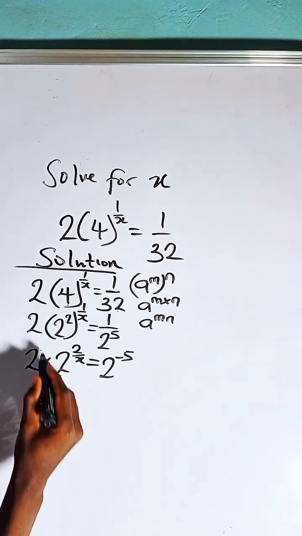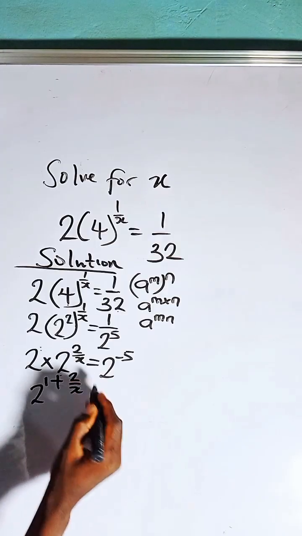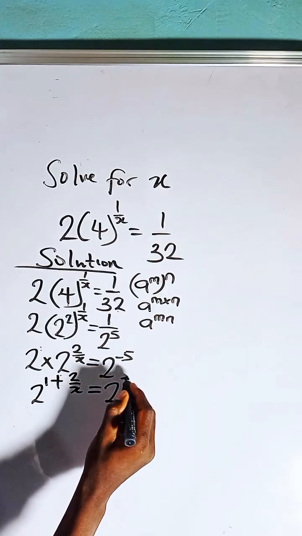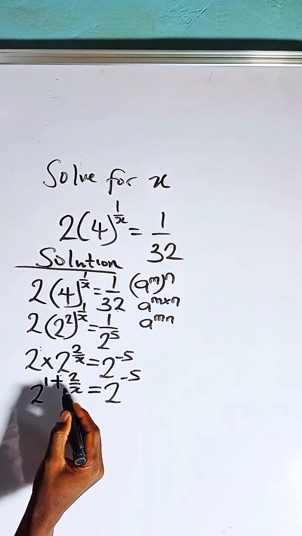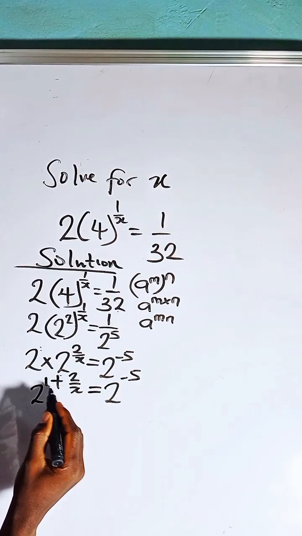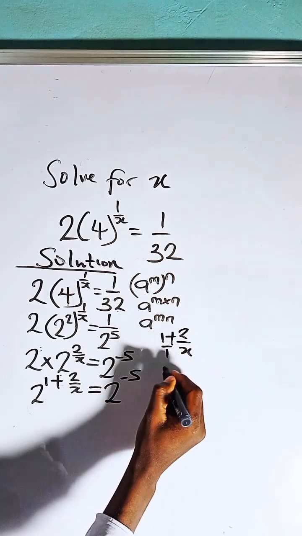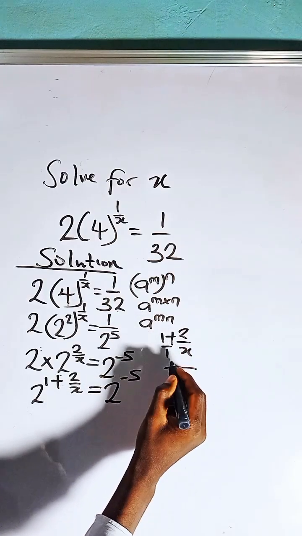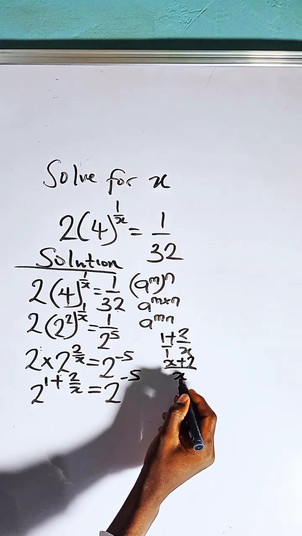So we have 1, which is the power here, plus 2 over x, equals 2 to the power minus 5. Now that we have the same base, let us work with the power. For 1 plus 2 over x, the LCM is x, so this is x plus 2 over x.